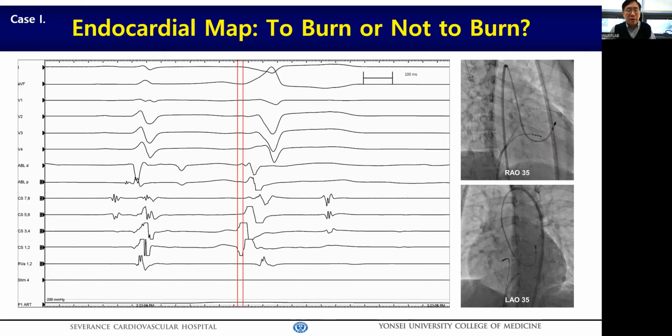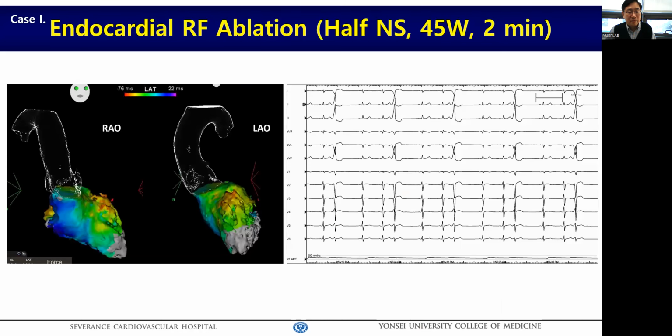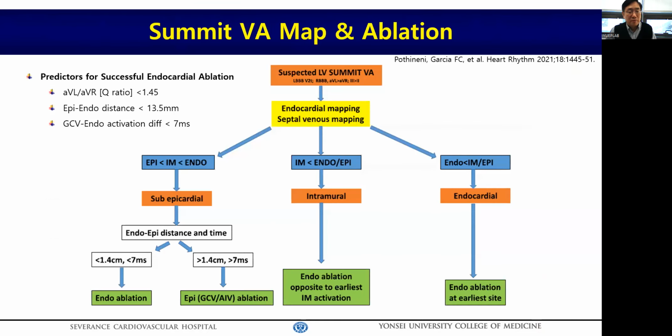But I could not find a better endocardial activation site than this point. So I can ask you, will you try to burn here or not? This one and this one. I did. I used half normal saline, 45 watt, 2-minute duration. But as you expected, there was absolutely no change.